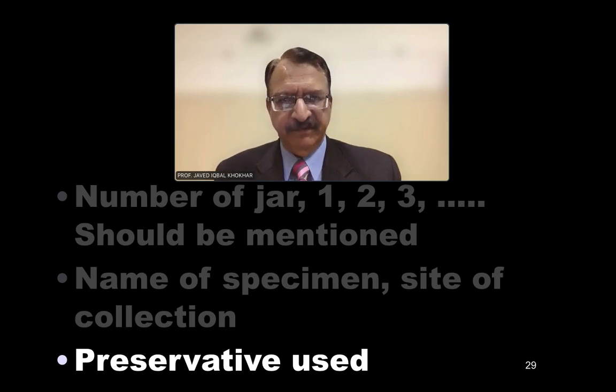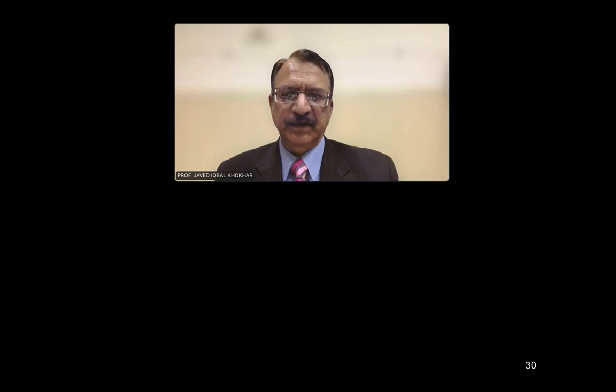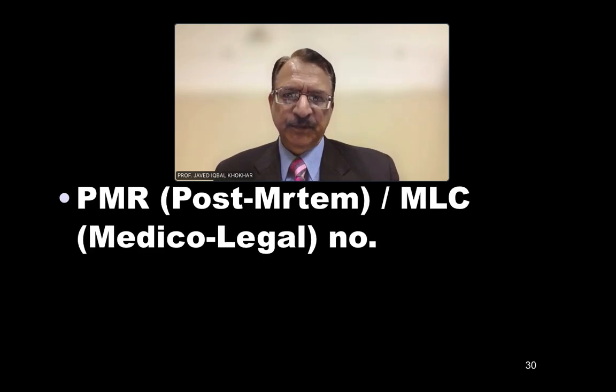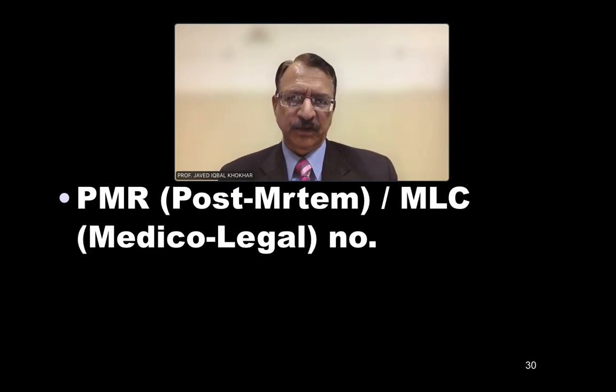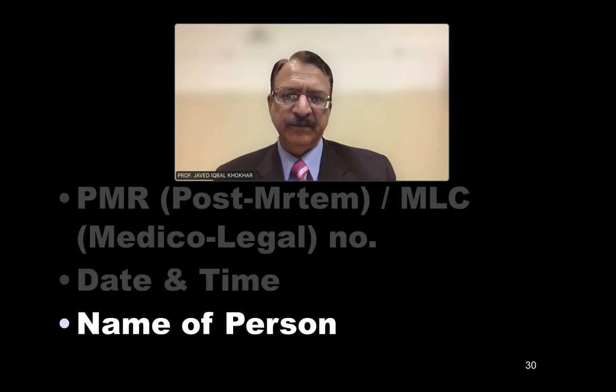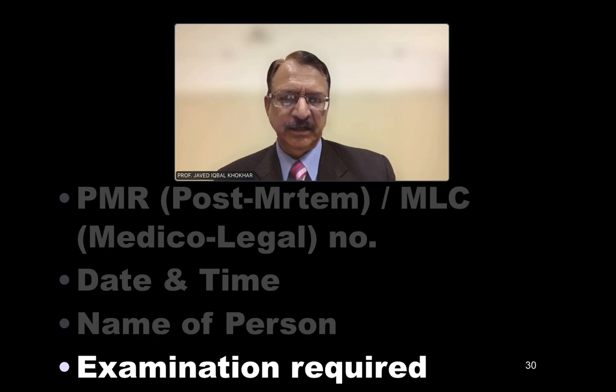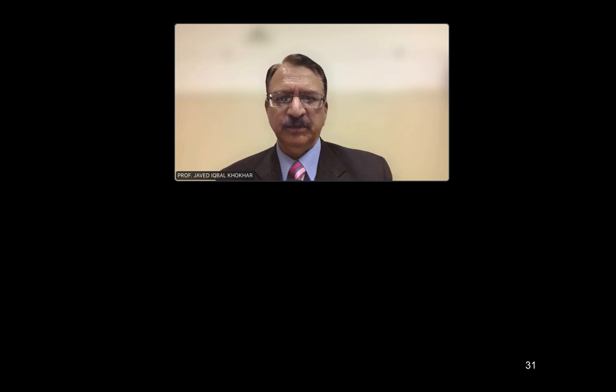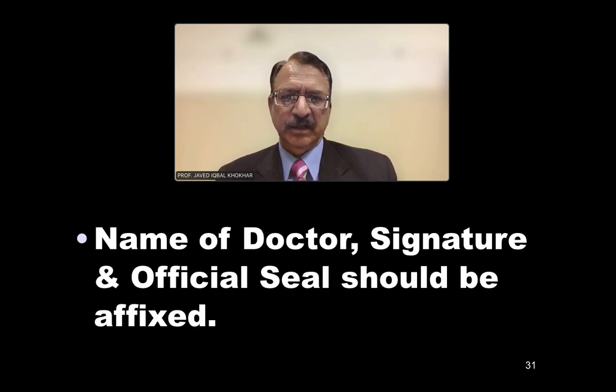And what preservative you have added, you should write on the label. Then the postmortem report number or the medico-legal report number is added, the date and time of collection, the name of the person who is collecting, that is the doctor, and the examination which is required. Now in the end, the complete name of the doctor, signature, and the official seal are affixed.